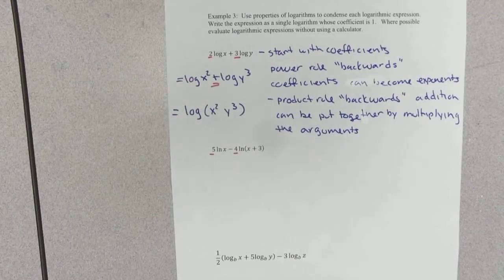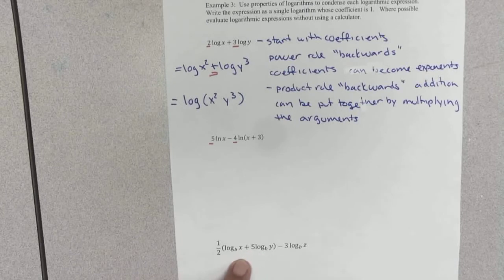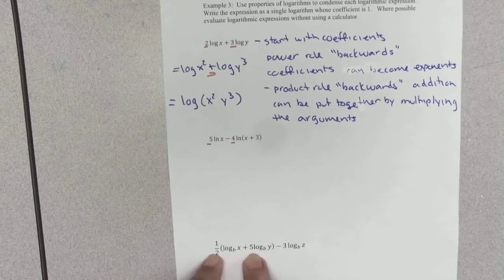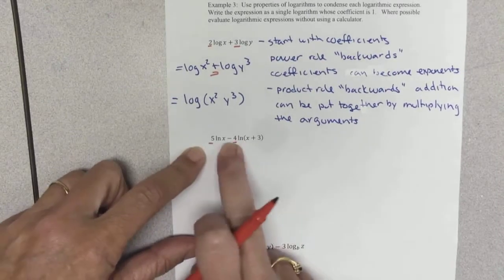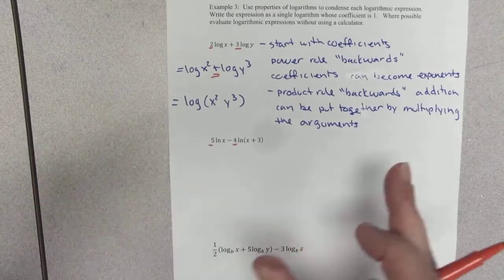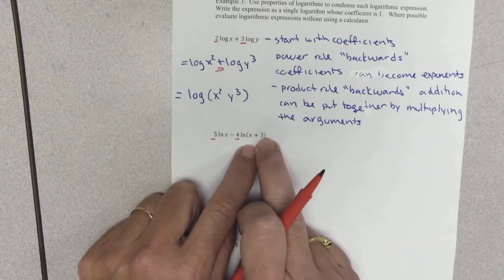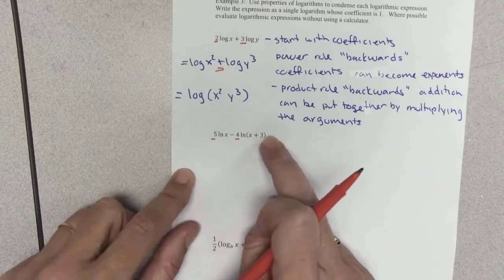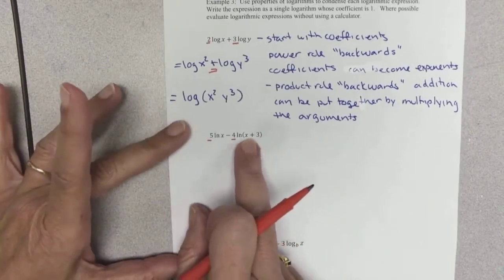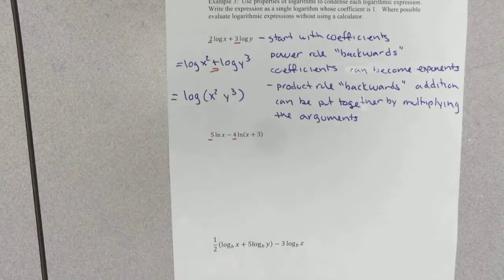Okay, doing a similar thing. Starting generally with coefficients. Down here, there are some parentheses just grouping the argument together, but ignoring those, I'm just going to start with the coefficients.